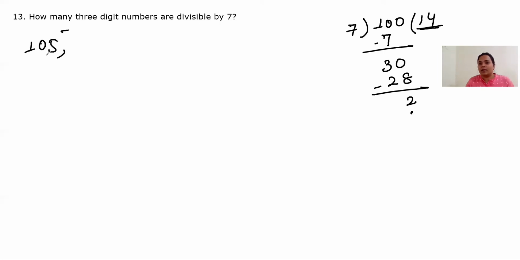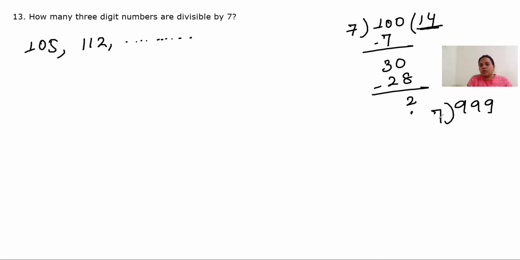Next will be the 16th one, which means 7 multiplied by 16, that will be equal to 112. It will go on like that, and the last term is the highest 3-digit number divisible by 7. The highest number is 999, and we have to check the greatest 3-digit number which is divisible by 7.